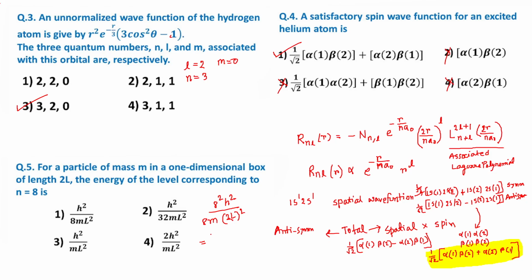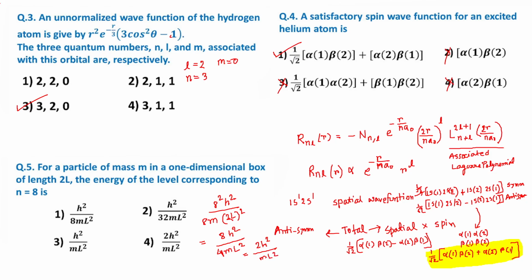What we are going to have, this 8 and this can cut. So 8 h square by 4 m L square. We can also shorten it down: 2 h square divided by m L square.